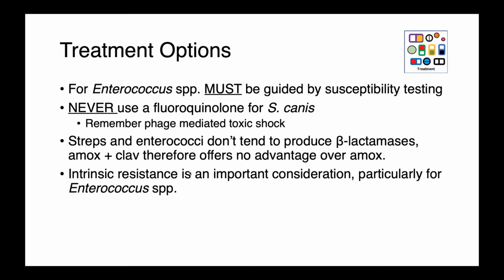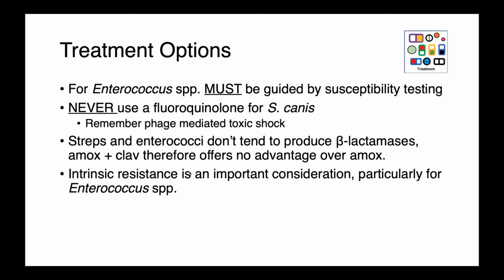When treating Enterococcus species, you must have susceptibility testing and you must have a species level ID. In the next slide, I'll show you the intrinsic resistance table that really highlights this. For treating Strep canis, never, never, never use a fluoroquinolone. Remember that phage-mediated toxic shock syndrome.